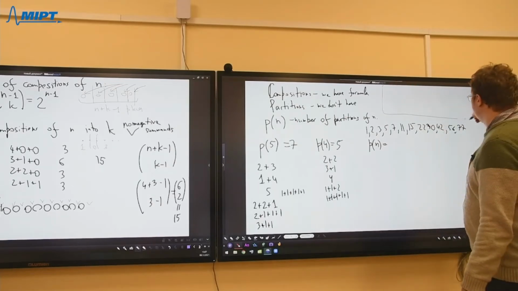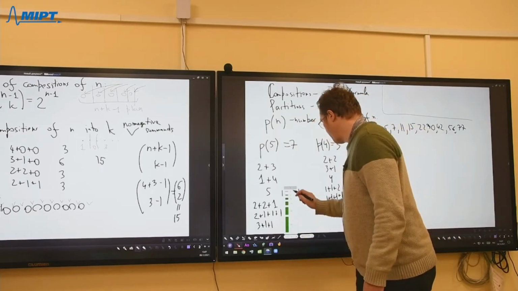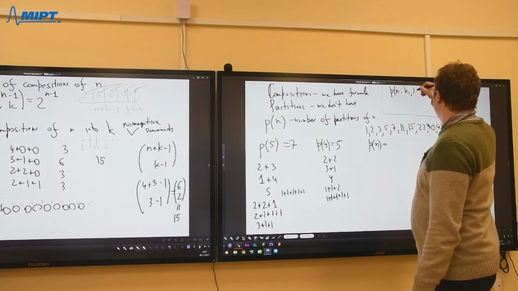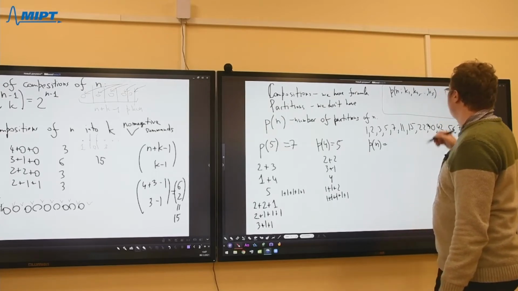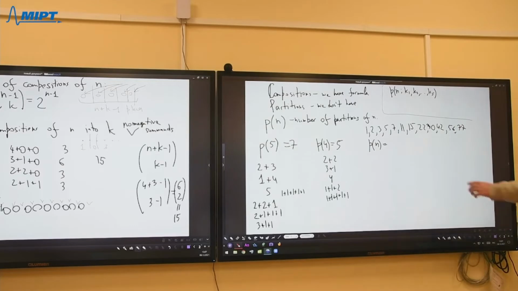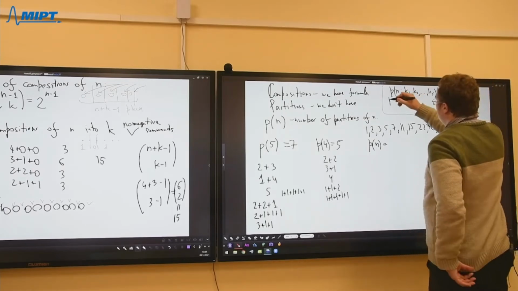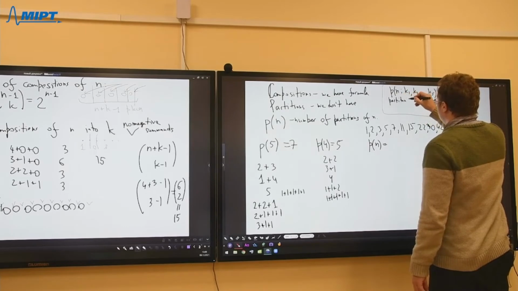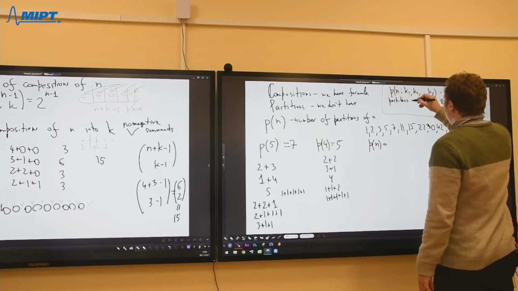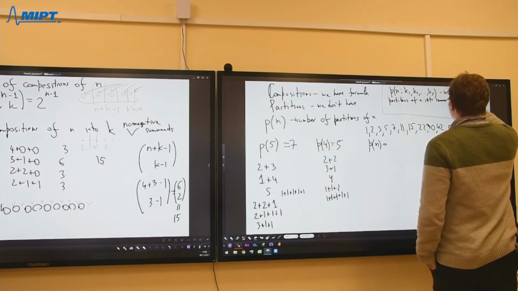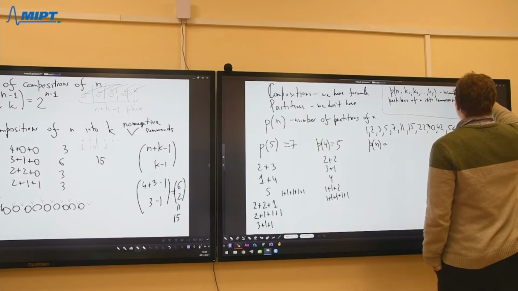So let's denote by P of n, k1, k2, ..., ks the number of partitions of n into summands k1, k2, etc., ks.